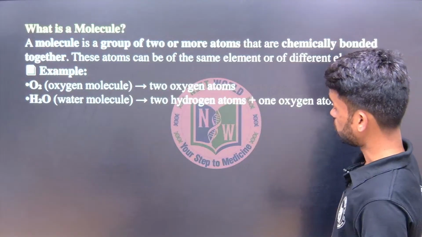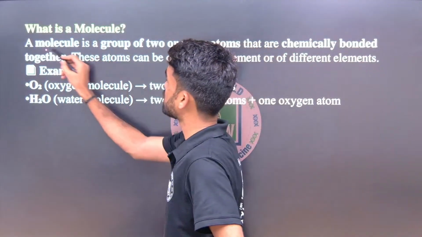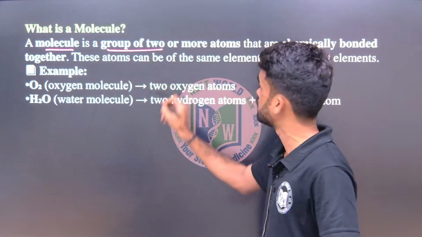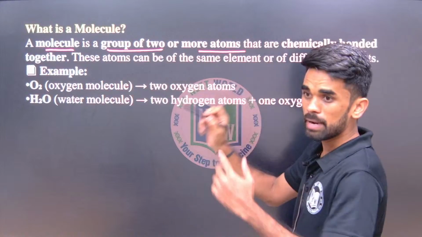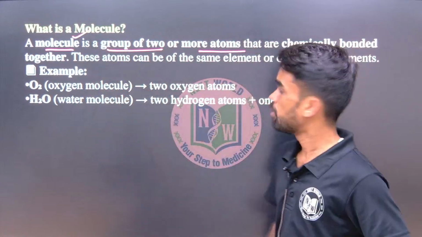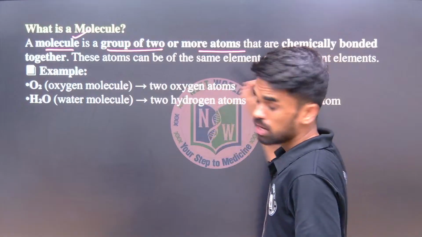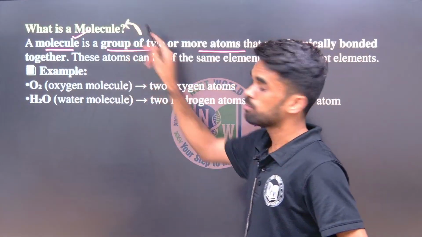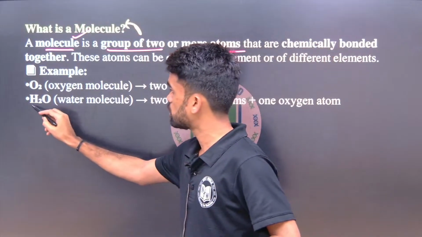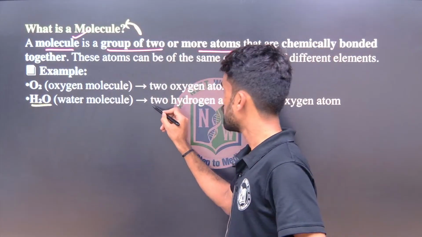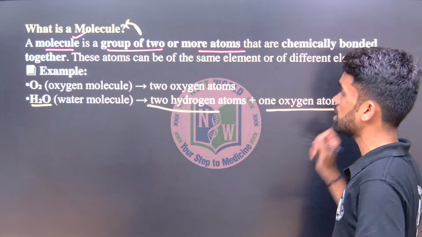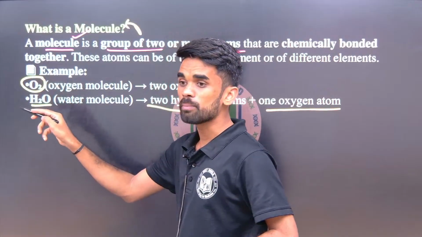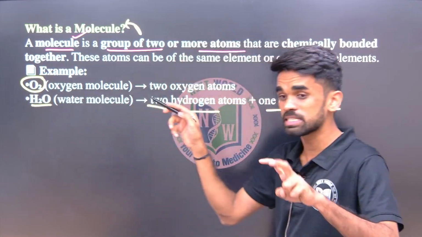Next, what is a molecule? A molecule is a group of two or more atoms; at least 2 atoms should be there. These atoms chemically bind together when forming a molecule. For example, just now I told you the water molecule is a combination of two hydrogen atoms and one oxygen atom. The oxygen molecule is a combination of two oxygen atoms.